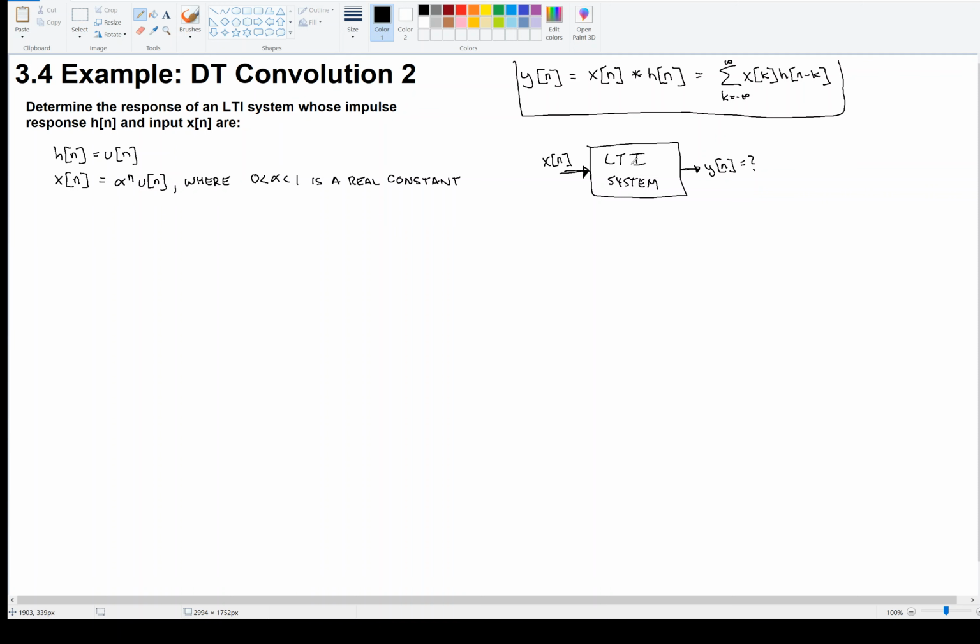Now you have to tell me something about the system more than that. It's just linear time invariant, and we do, right? We tell you that when you put in an impulse to the system, you get out this thing, the unit step, which is the impulse response. So this is like a little experiment.